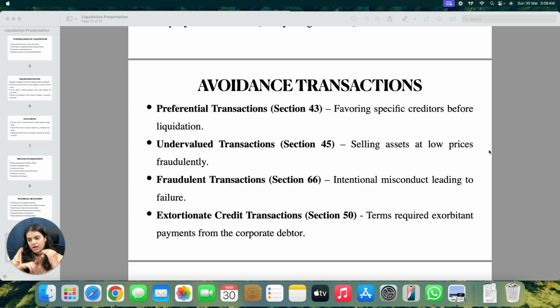So then, coming to fraudulent transactions. Fraudulent transactions, as provided under Section 66, is a generic clause.